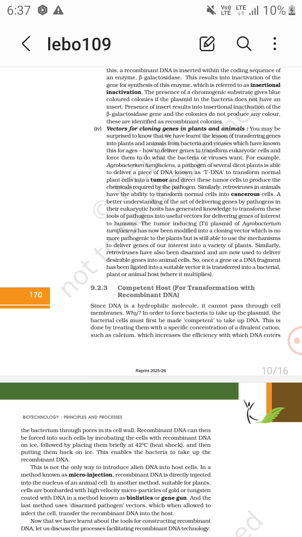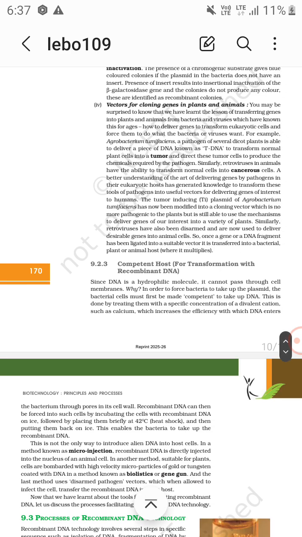It causes tumor, so its DNA, that is T-DNA, causes the tumor. The tumor inducing Ti plasmid of Agrobacterium has now been modified into a cloning vector, which is no more pathogenic to plants, but is still able to use the mechanism to deliver genes of our interest into a variety of plants.